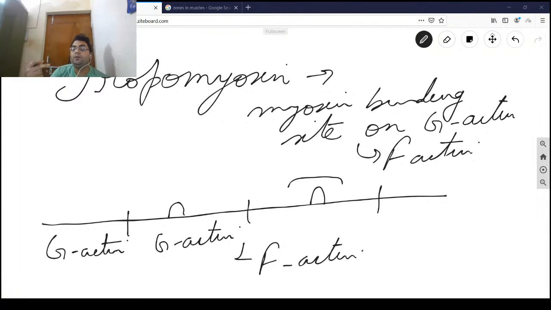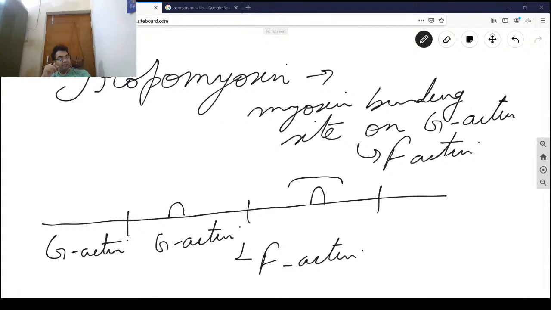That I had described to you already. When acetylcholine binds to the acetylcholine receptors, it will cause sodium ions to come in through that part, and then the signaling will continue and lead to the release of calcium from the sarcoplasmic reticulum, which has a lot of calcium, via the ryanodine receptors.